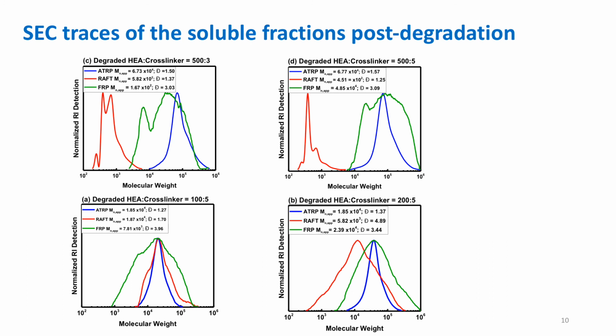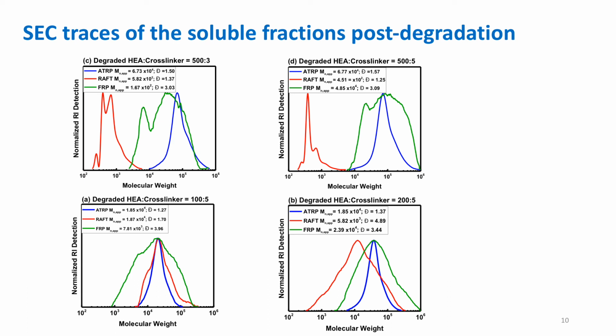So these are the results we observed for networks in the size exclusion chromatography analysis. For comparison, we used free radically polymerized samples as well, which are shown in green color curves. Here, you can see the first top two graphs show shoulder peaks for RAFT materials, which are in red color.